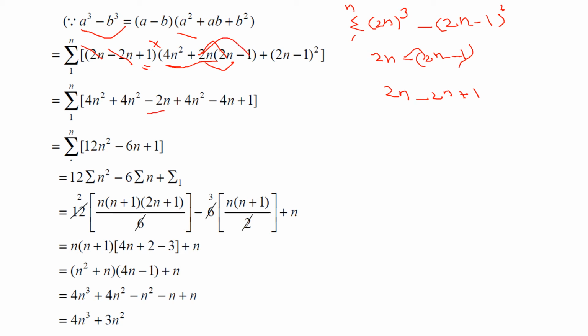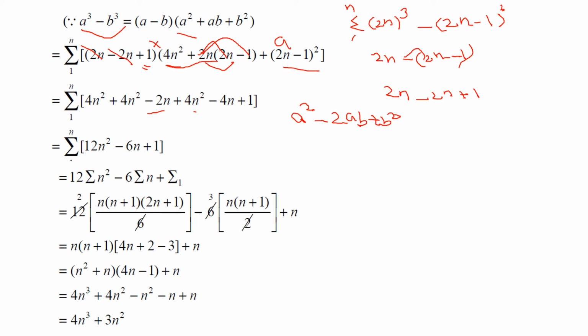This is (a minus b) whole square: a squared minus 2ab plus b squared. So here what is a? 2n. So (2n) whole squared, that is 2n into 2n, 4n squared, minus 2ab. 2 into a is 2n, into b is 1.